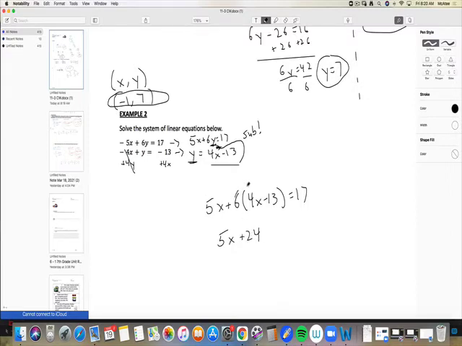Okay, simplify. We're going to use distributive property. That means multiply everything on the inside of parentheses. Add 5x and 24x.